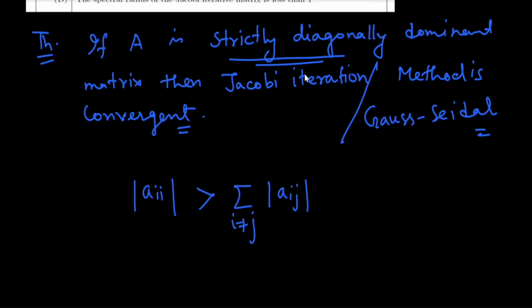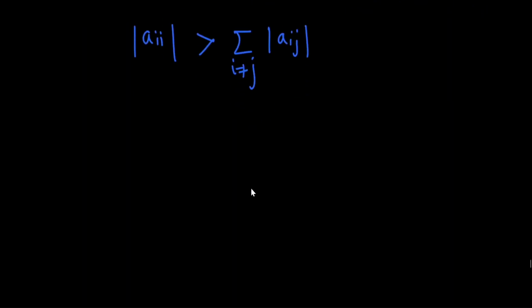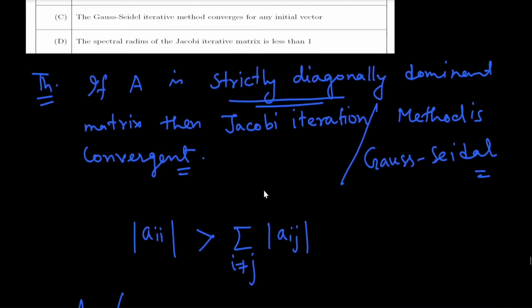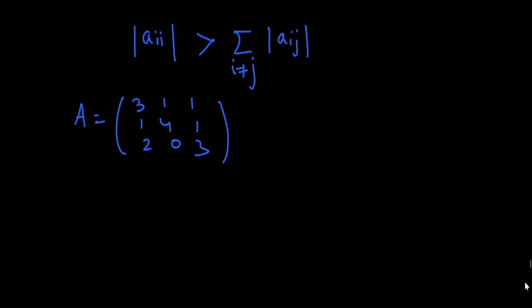That means the matrix A is given here: 3 1 1, 1 4 1, 2 0 3. Now a_ii means, for this element, 3.